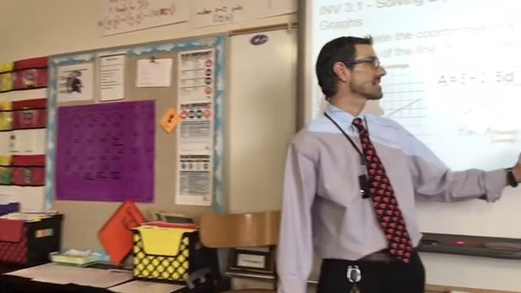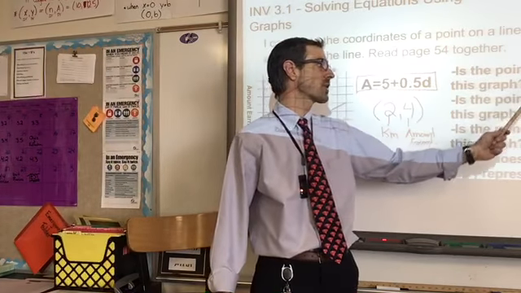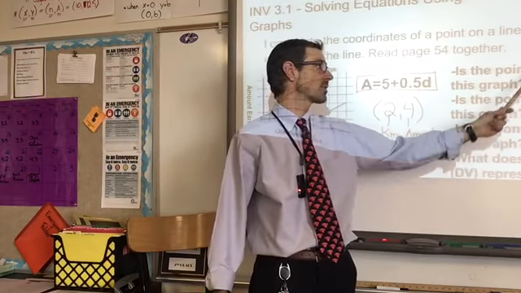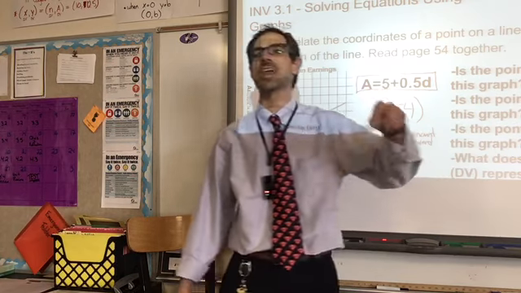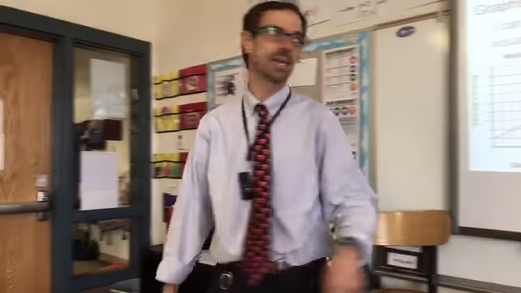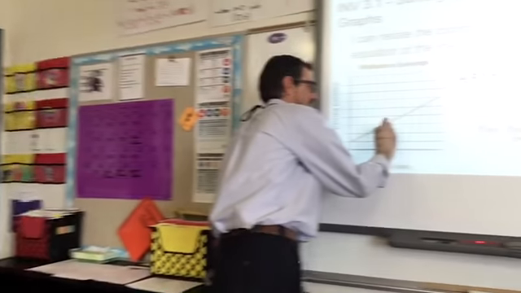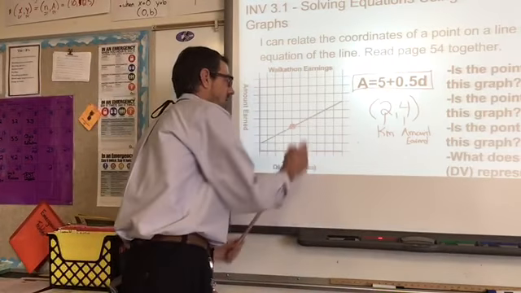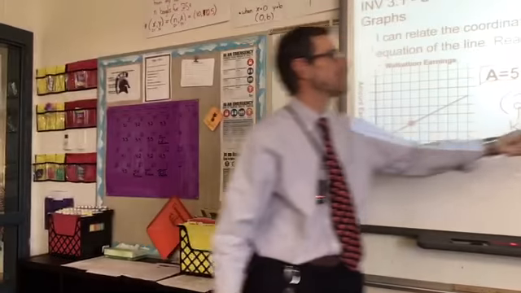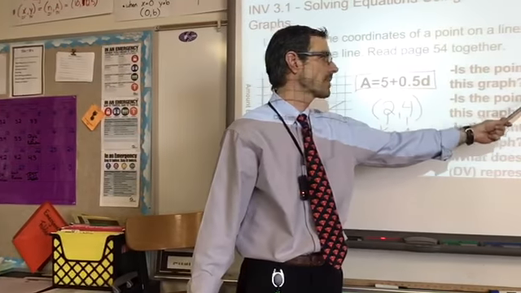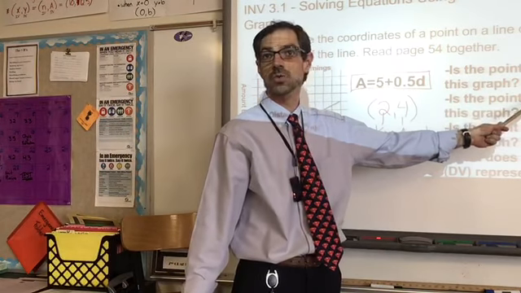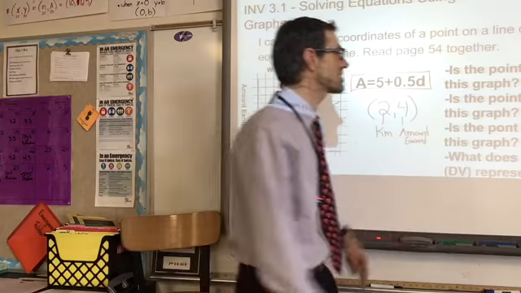So what about this? Is the point 30, 20, which means 30 kilometers, someone's going to make $20, on that line? Yeah, it is. Let's say it's here on the line. That would mean at 30 kilometers, that person is going to make $20. That is a solution.